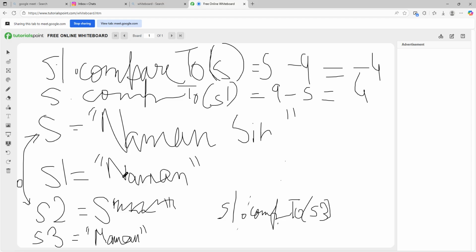It will first compare capital N and capital M. So what is the difference between them? It will check the Unicode. I don't remember exactly, but capital A to Z is 65 to 90, and small a to z is 97 to 122.